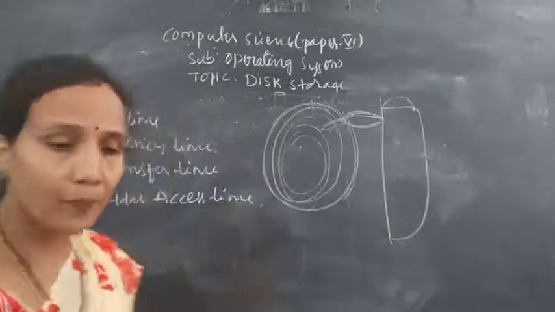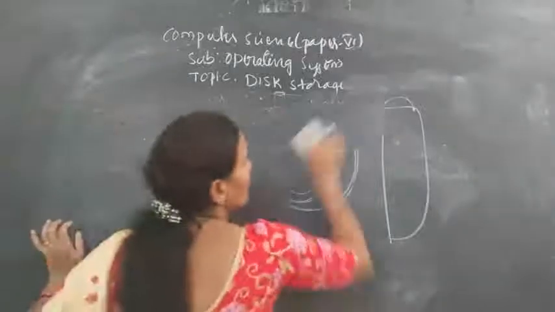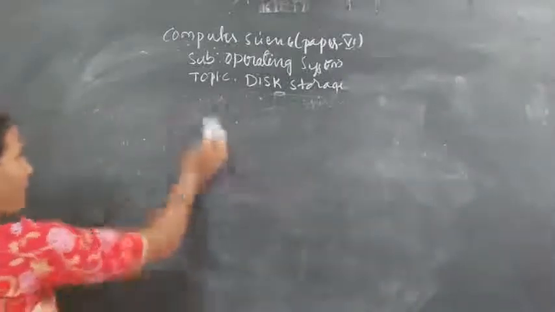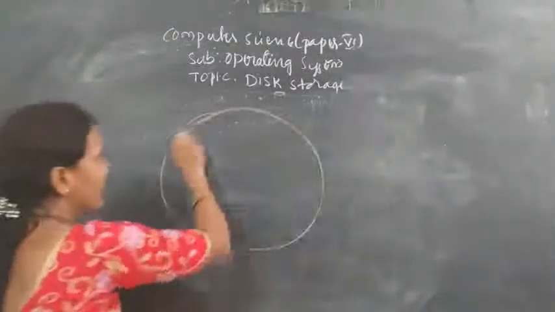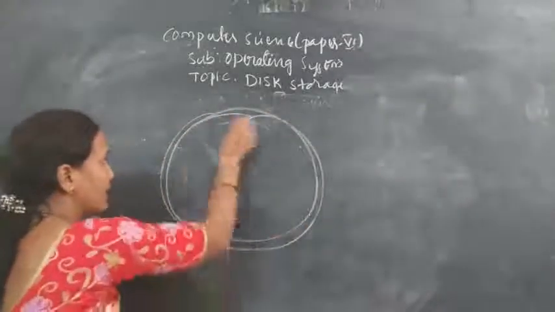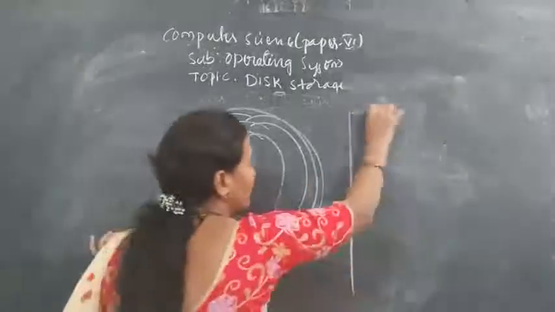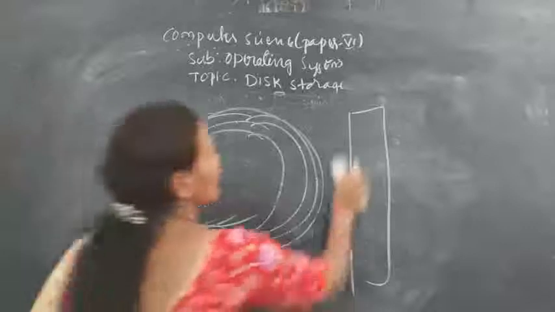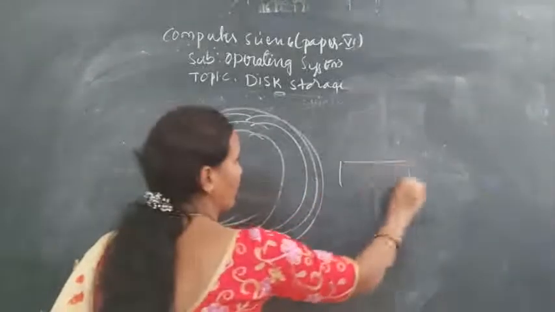Okay, so when the user wants to write content into the hard disk, what the boom will do is, for example, this is a platter and these are the tracks. Say this is the boom.